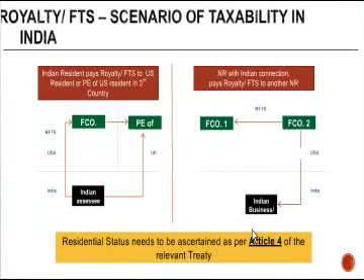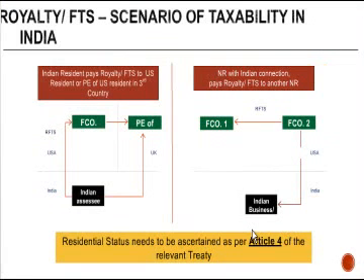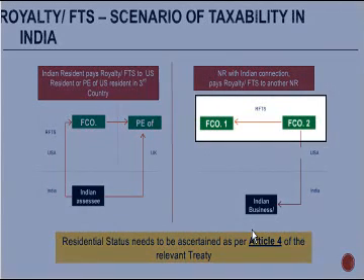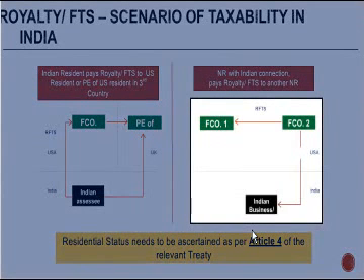The second situation could be that there is a foreign company. In this case, if you look at it, it is FCO2, right? There is an FCO2 which is making a payment of royalty or fee for technical services to another foreign company, right? But the thing is that this payment for royalty or FTS is made in respect of an Indian business.